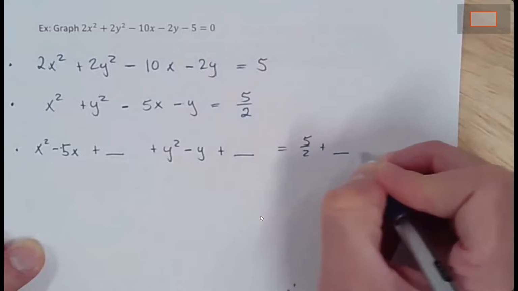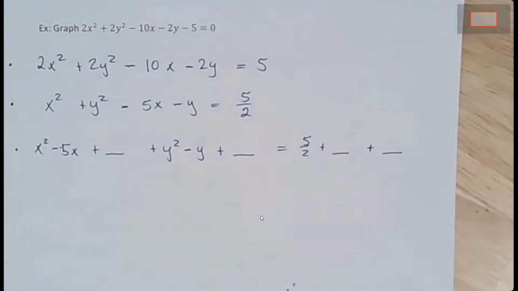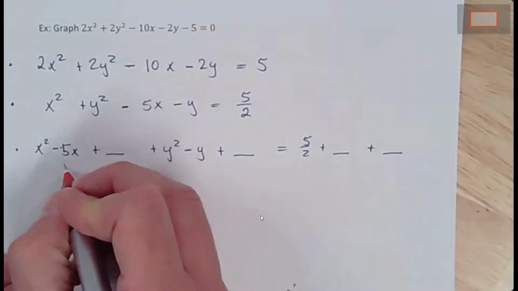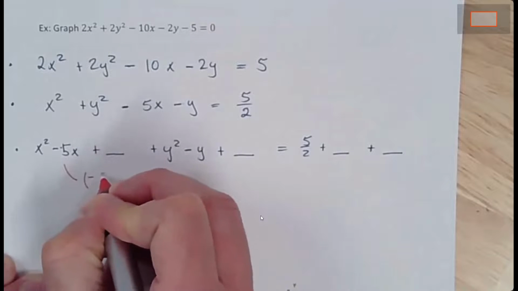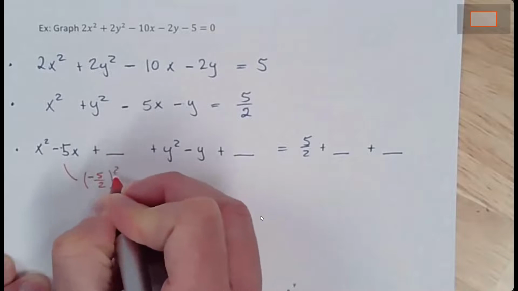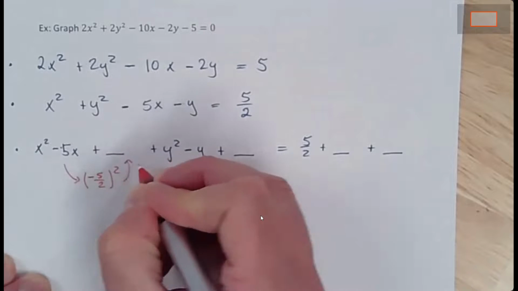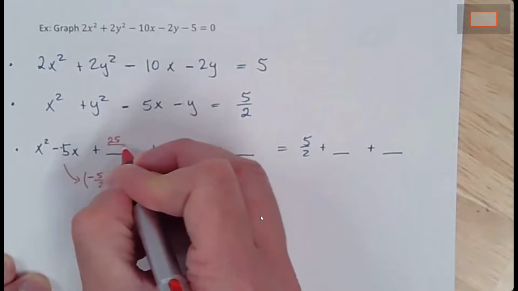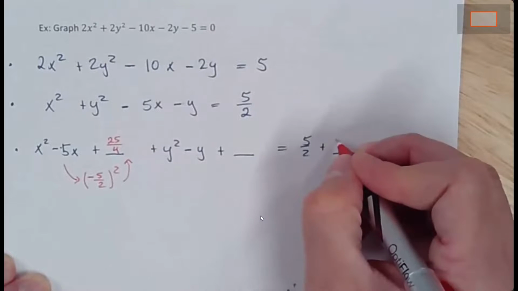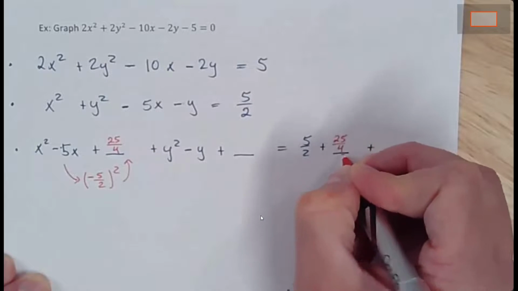And then I'm going to add those same things over on the other side. I'm giving myself room there. All right, my completed square numbers are going to be fractions as well. I'm going to take a -5 over 2 and square it and put in a 25/4. And I'm going to add that over here as well.